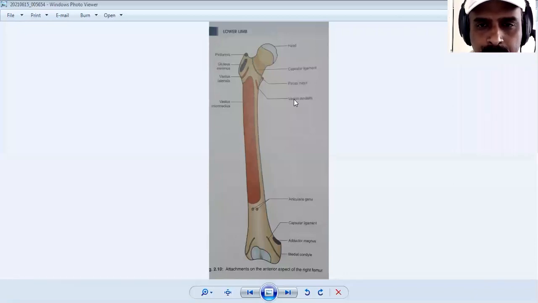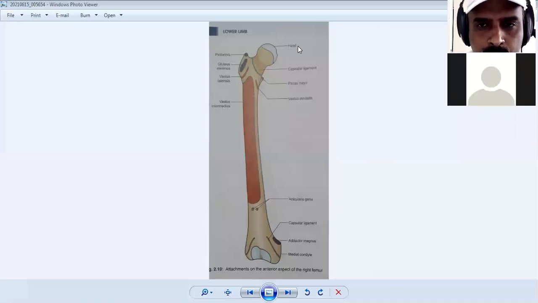As the femur is a thigh bone, we call it the thigh bone. It is situated in the thigh region. As I have told, it is included under the classification of long bone, so it has an upper end, lower end, and shaft.